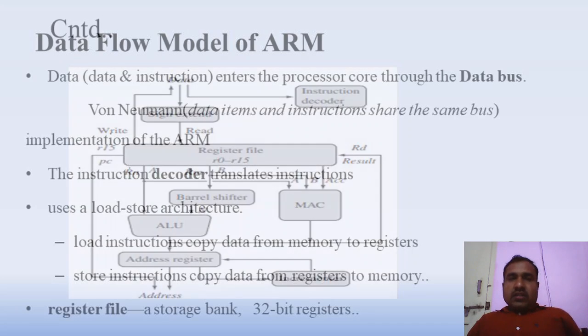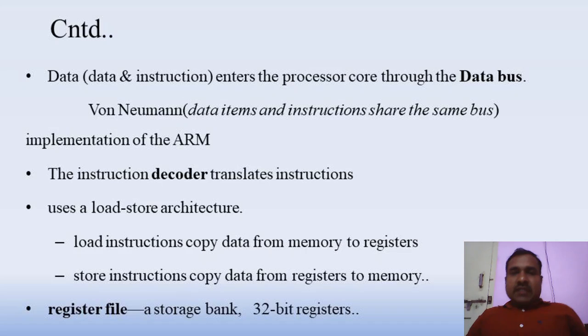So this is what we discussed till now. That is, the decoder translates, and load and store architecture is used. Load and store architecture means the load instruction will load the data from memory into a register, and the store instruction will store the data from register to memory.